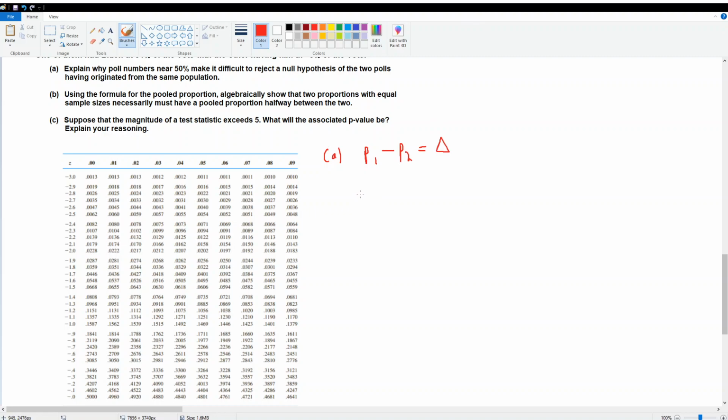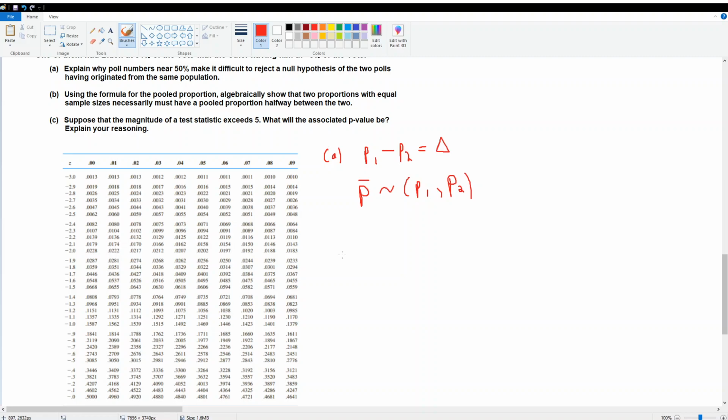And so let's suppose that the P bar, our pooled sample proportion, corresponds to P1 and P2. You don't have to write this down, it's just notation. This means that this P bar is the pooled proportion corresponding to P1 and P2. In this case, what the sample sizes are doesn't really matter here.